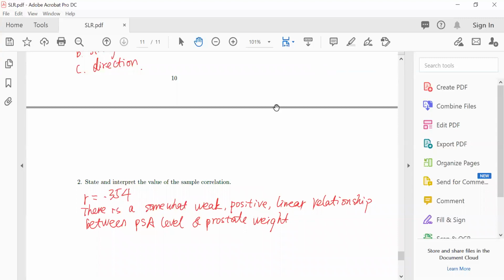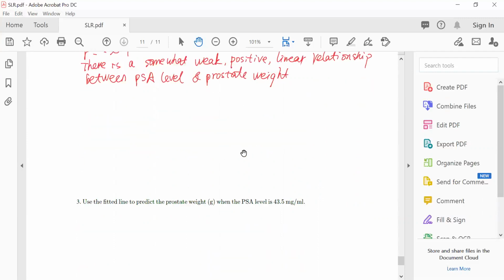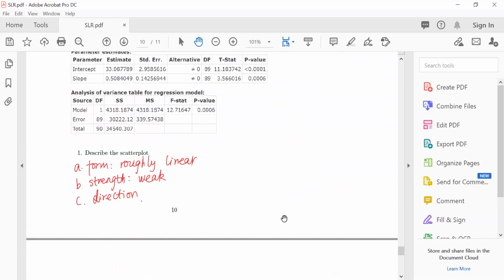Last question, use the fitted line to predict the prostate weight with PSA level of 43.5. So then you need to fit a linear regression line.